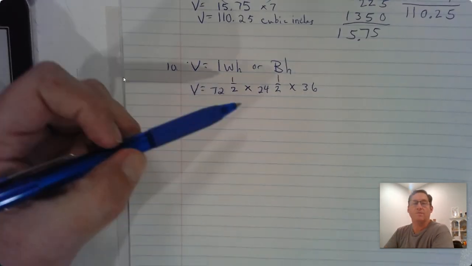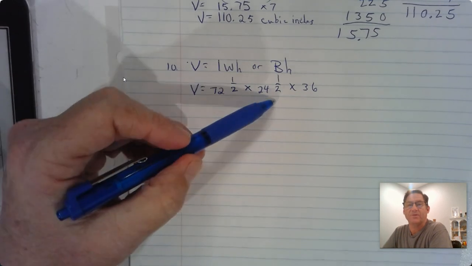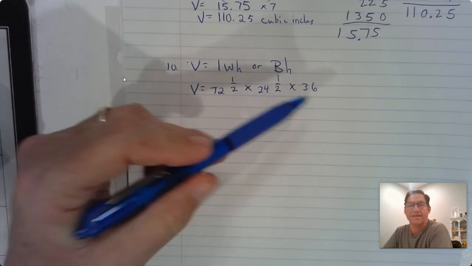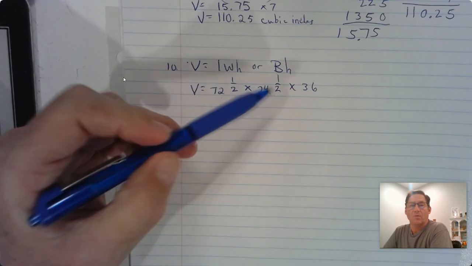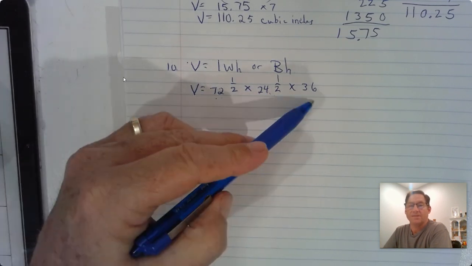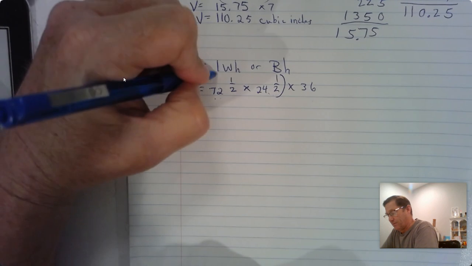All right, so we can call any of these the base. We can say 24.5 times 36. We could say 72.5 times 24.5, or we could say 72.5 times 36. I'm just going to go ahead and go left to right.